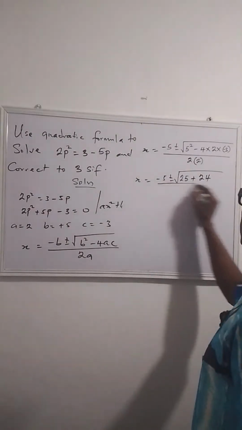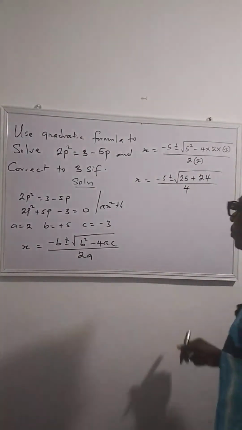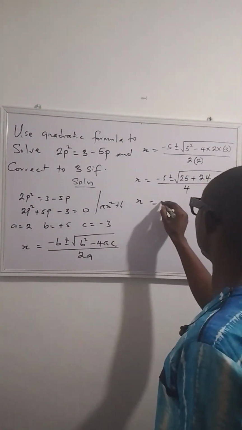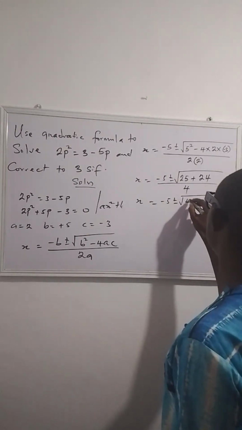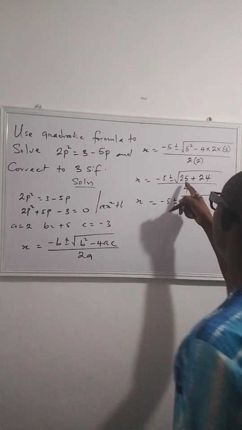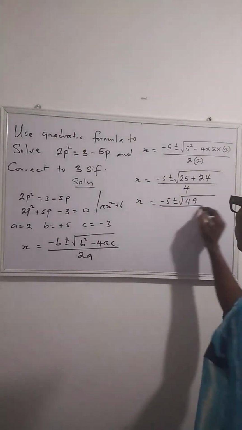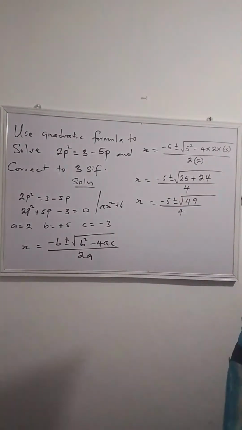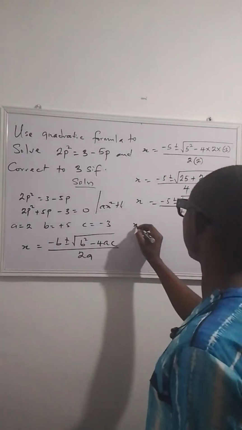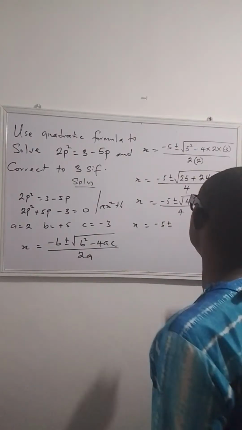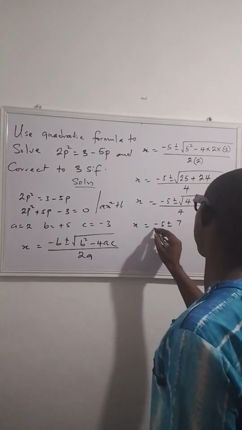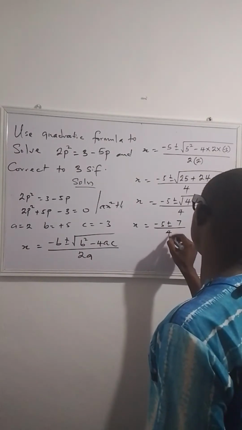Everything all over 4. We have x equals minus 5 plus or minus the square root of 49, over 4. So x equals minus 5 plus or minus 7 over 4.